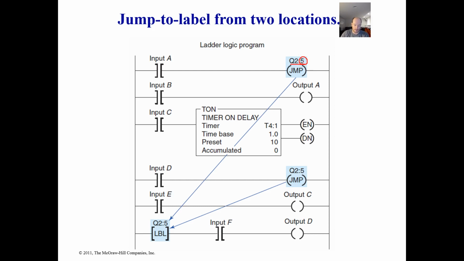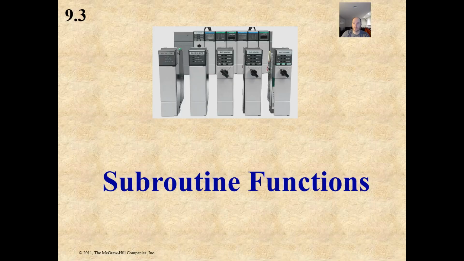You'll notice that there are two of them here, and it's jumping to the same label. So when input 1 is on, it will skip over these. When A is false and D is true, it will just skip this line here, okay?